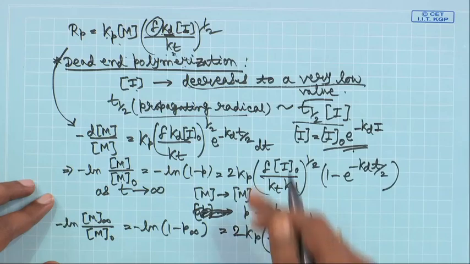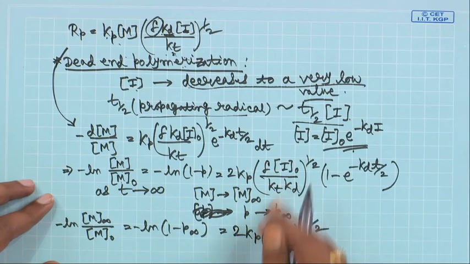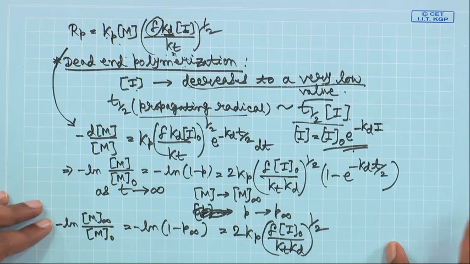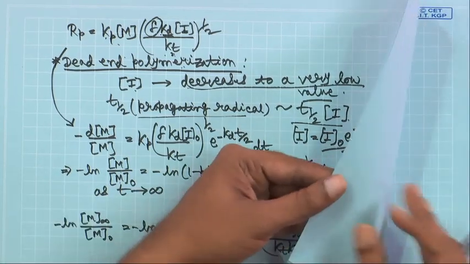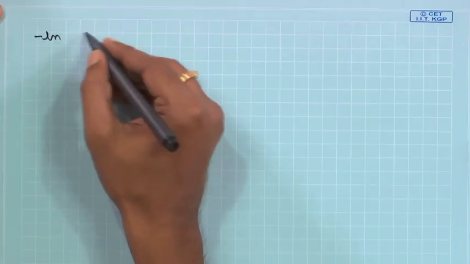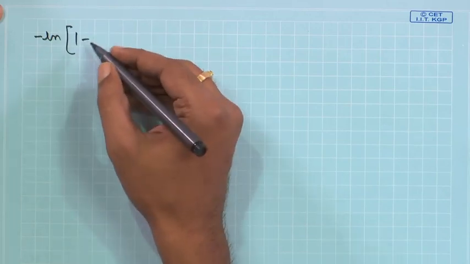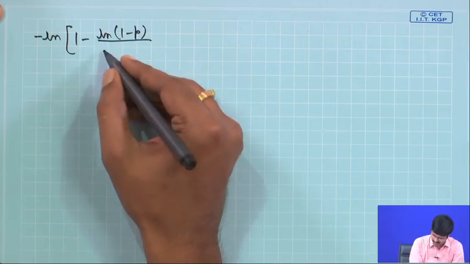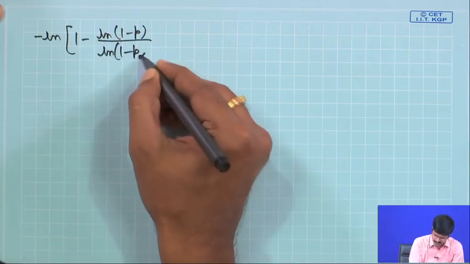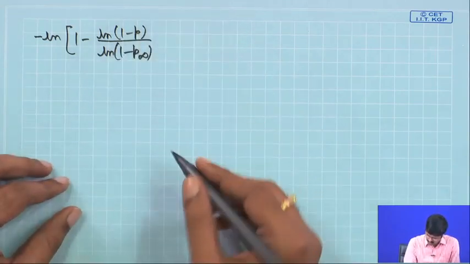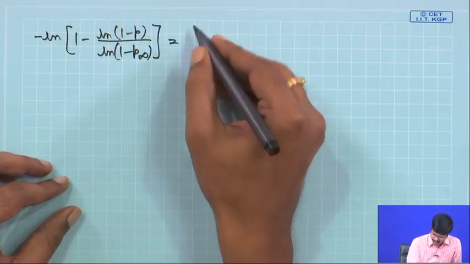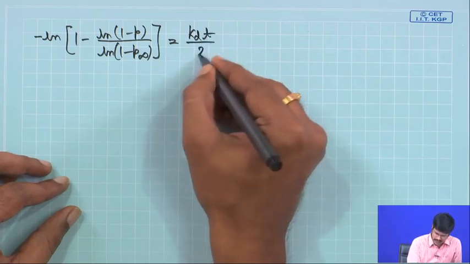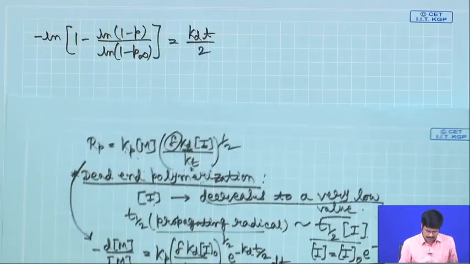Now, if you take the ratio of this and rearrange and then take a natural logarithm on both sides, I am just writing down the final expression here: minus ln of 1 minus p divided by ln of 1 minus p infinity, that will be equal to k d t divided by 2.